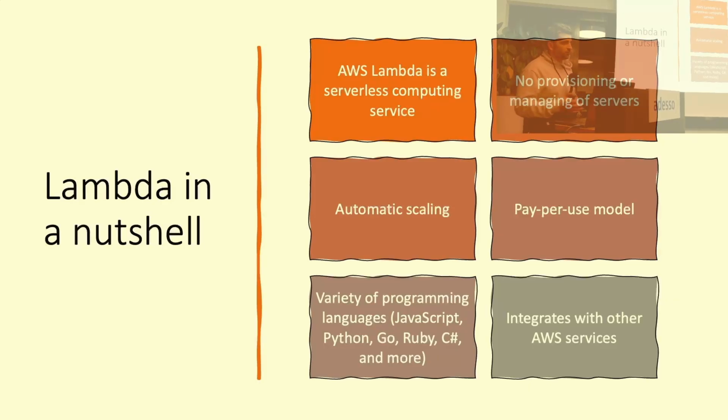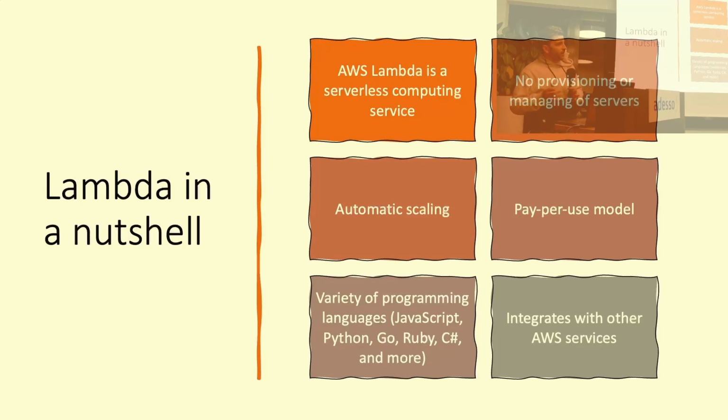If you need to run 1,000 instances at a time, you will get them without having to do anything. It has a per-usage model, which means it scales up and down depending on how much you use it. You don't provision something in advance. It's provisioned for you. You pay for what you need, and that scales all the way down to 0. If you're not doing anything, you don't pay anything.